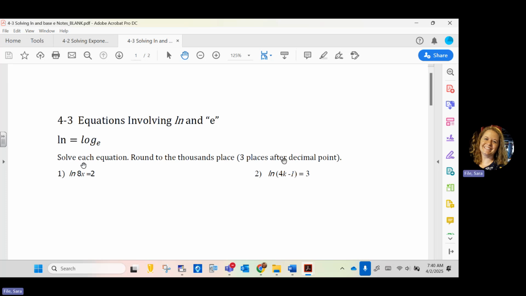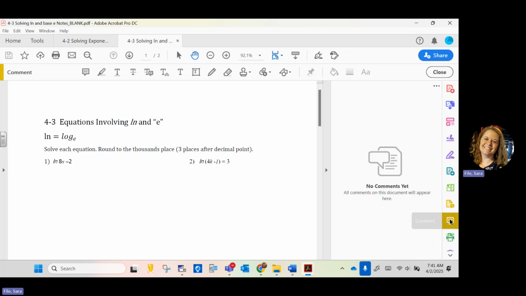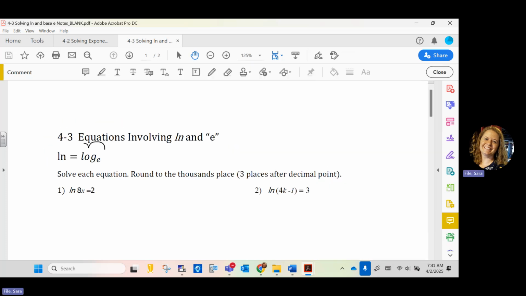So now we're going to focus on equations involving that natural log and that base e. When I just asked you on that last example, most of y'all couldn't tell me that that was a natural log when you have a base e. So if you need that reminder, it's right here. Kind of highlight it, box it in, bubble it in, whatever to accentuate.